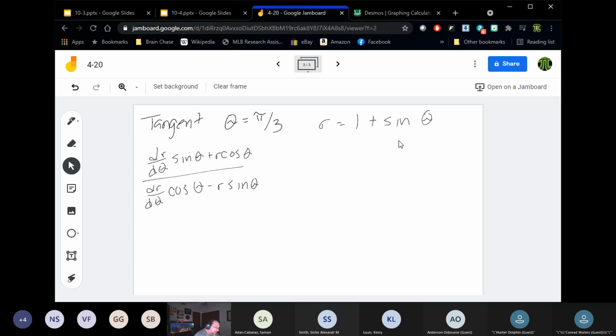So the first thing I have to figure out is dr d theta. My derivative of this function, dr over d theta, is just cosine of theta.